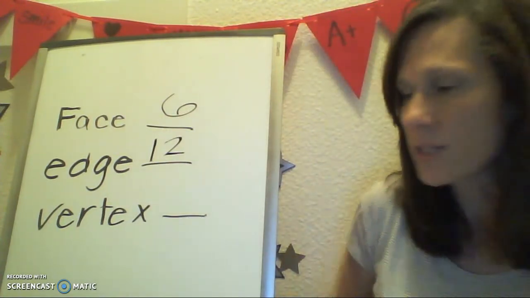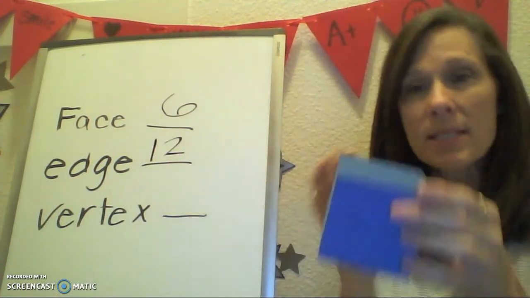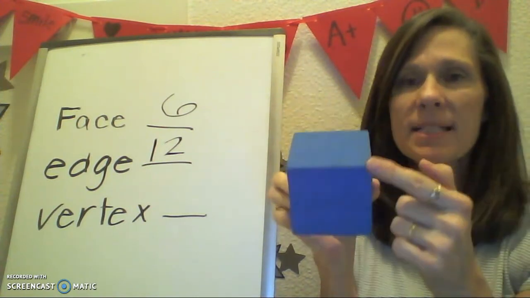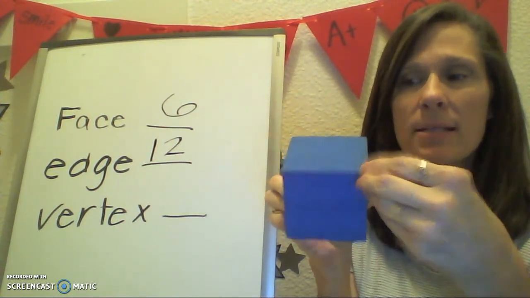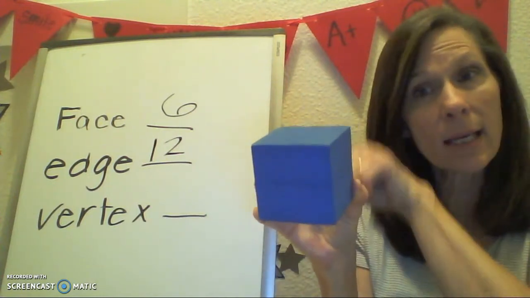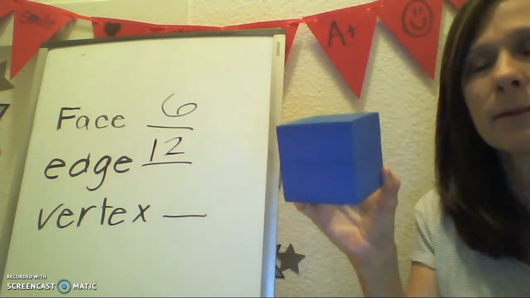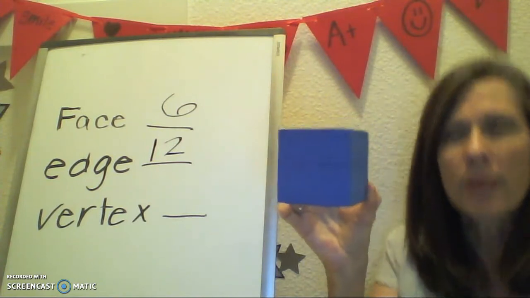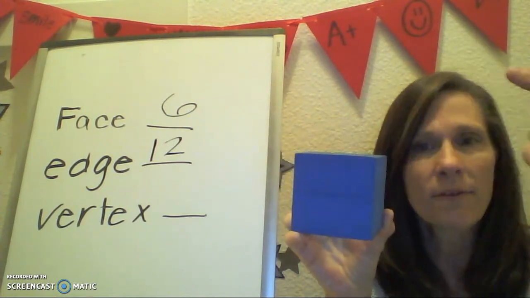Okay, now let's do the vertex or the vertices of the cube. So that means every corner where 3 faces come together, right? And they're all around, up, and there's even some back here that still have to be counted. So here we go. Let's count up the corners or the vertex, right?